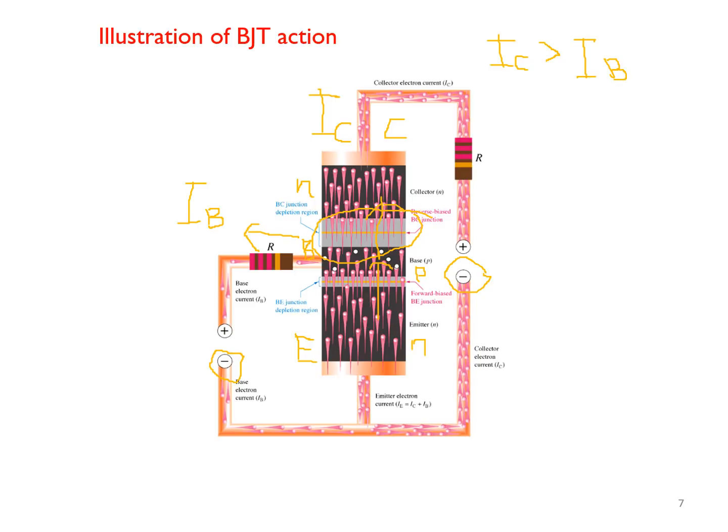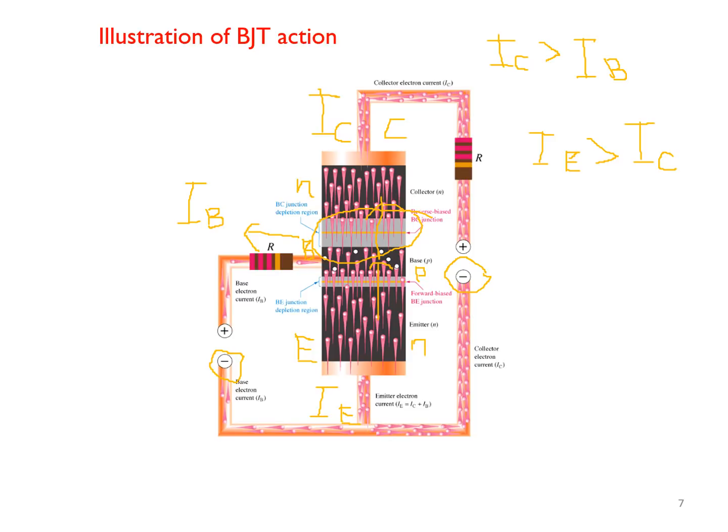And the emitter current IE is slightly greater than the collector current IC, because of the small base current IB that splits off from the total current injected into the base region from the emitter.